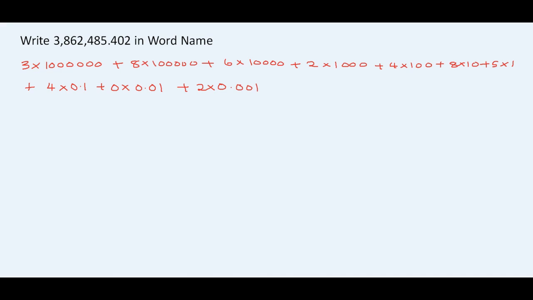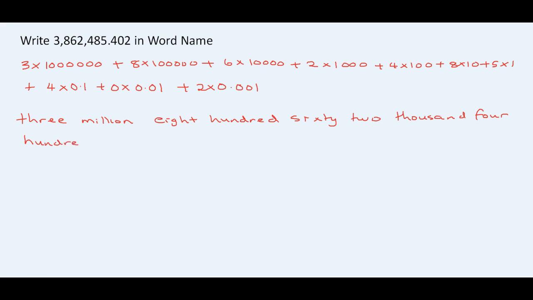So now we have 3,000,000 882,480, and then we have 5.